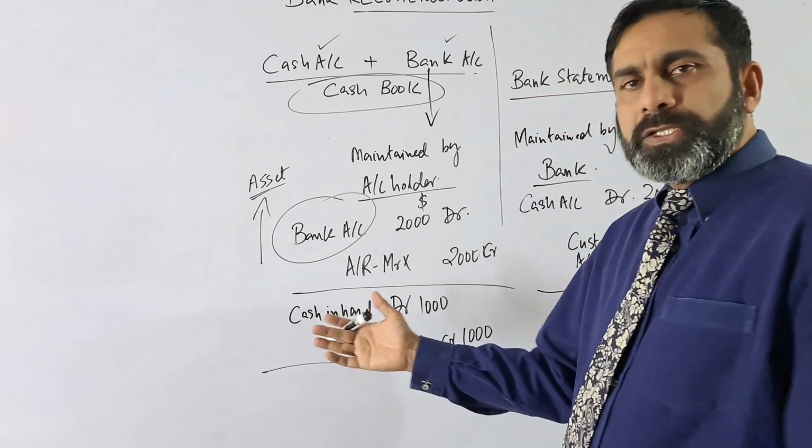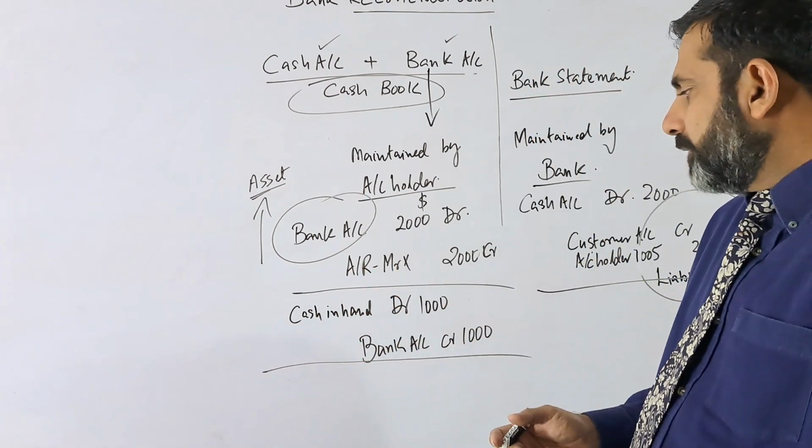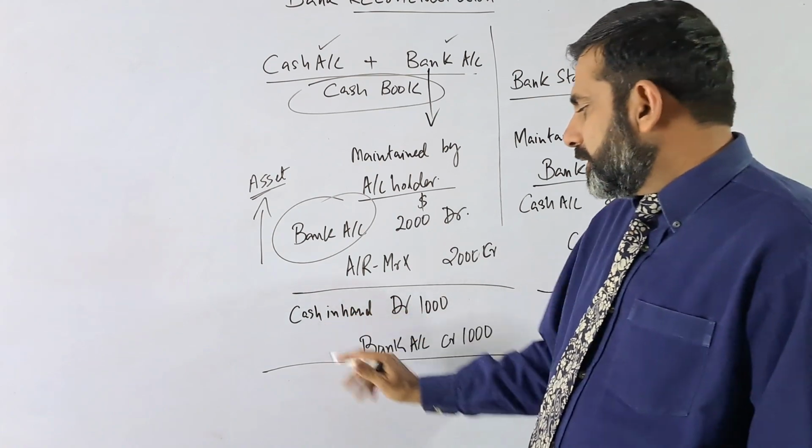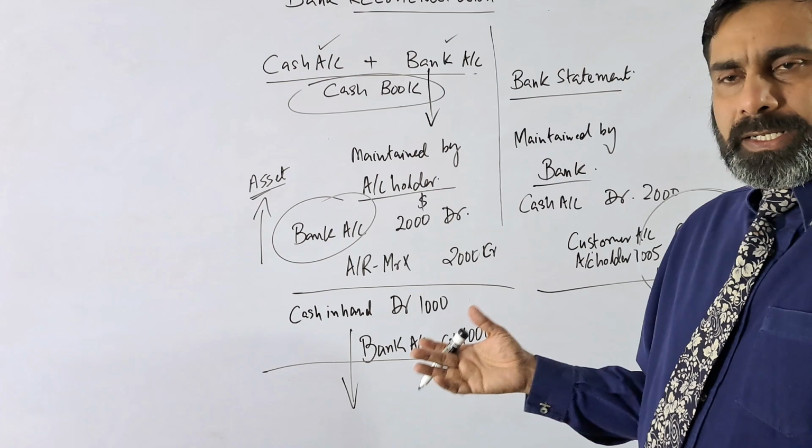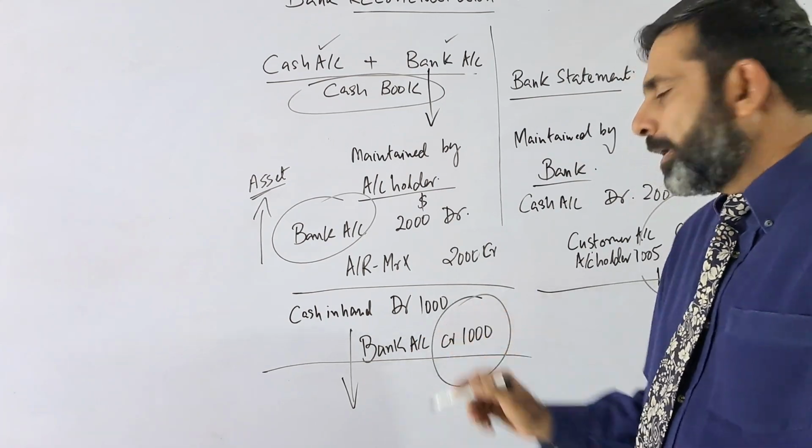Cash in hand is increasing, but your bank account, the current asset, is decreasing by 1,000.